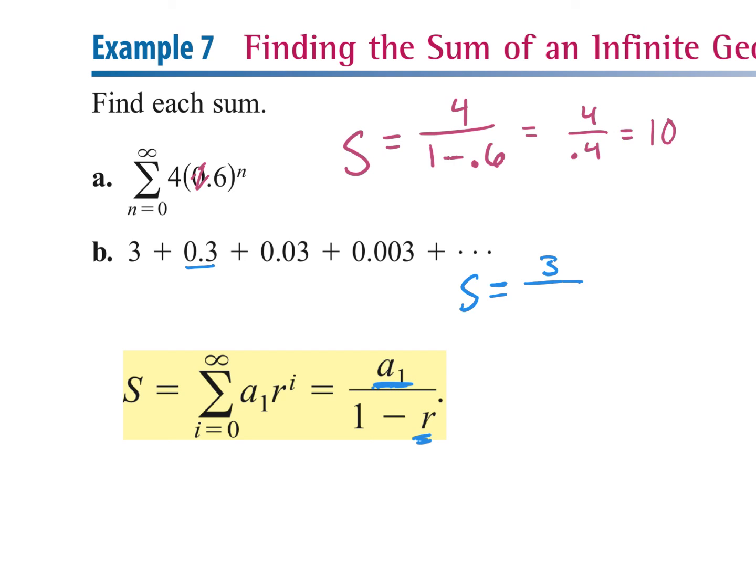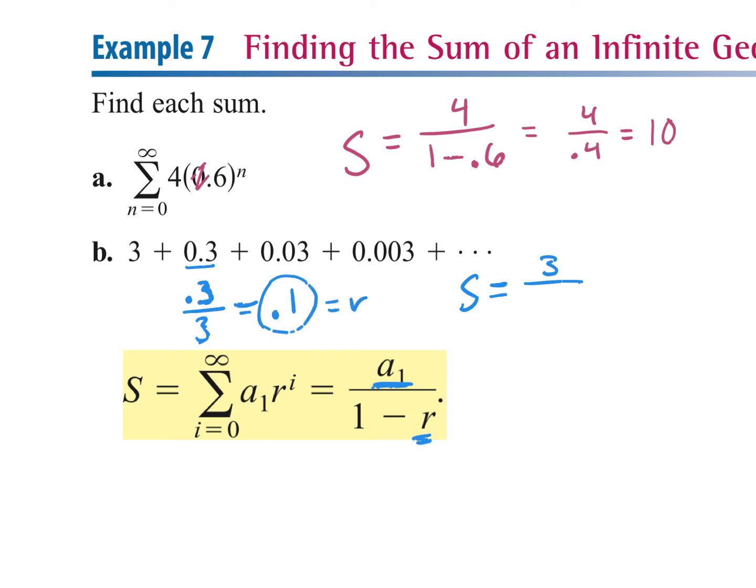So we have 0.3 divided by 3. What's 0.3 divided by 3? 0.1. So our ratio is 0.1.